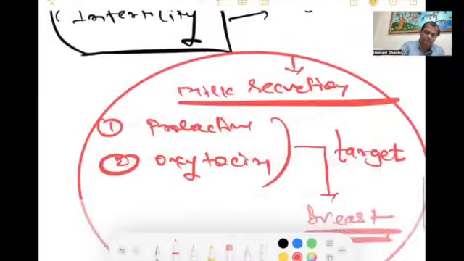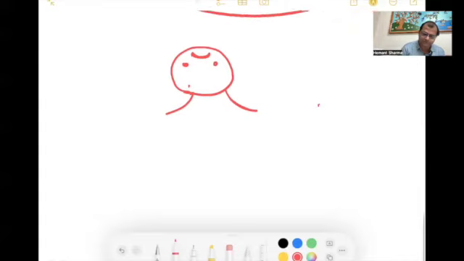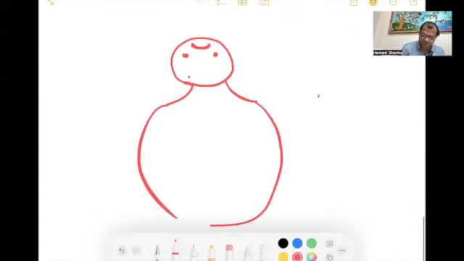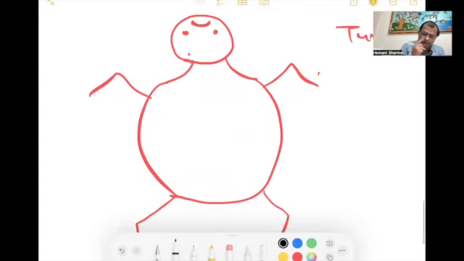Turtle is the representation of energy. 我们会讲到乌龟，乌龟代表的是能量。So this is the turtle, and the turtle is the representation of the energy. 乌龟是代表能量的一个象征。This is a turtle, right?